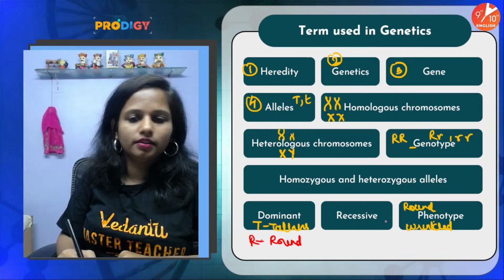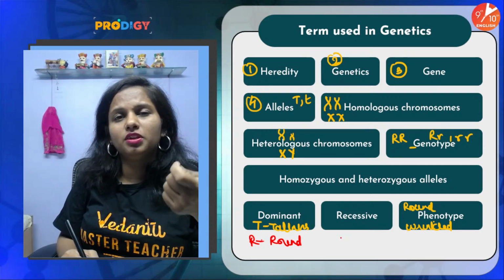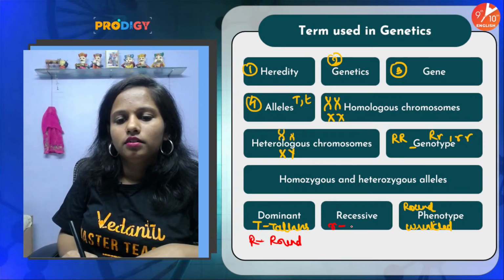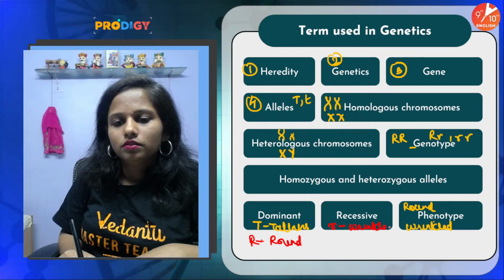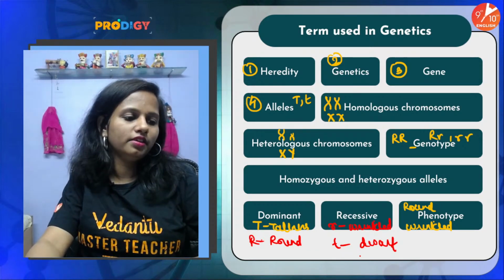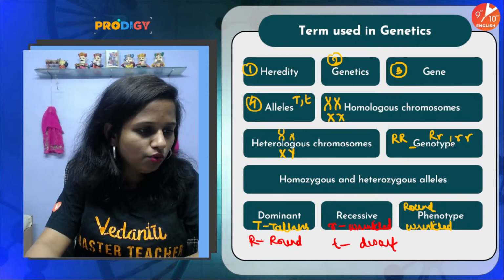So these are dominant. And when we talk of recessive, these are the alleles which express themselves only in homozygous condition. So small r wrinkled, है ना? Small t dwarf, है ना? So these are all recessive traits. So all these terms are very very important for you all.